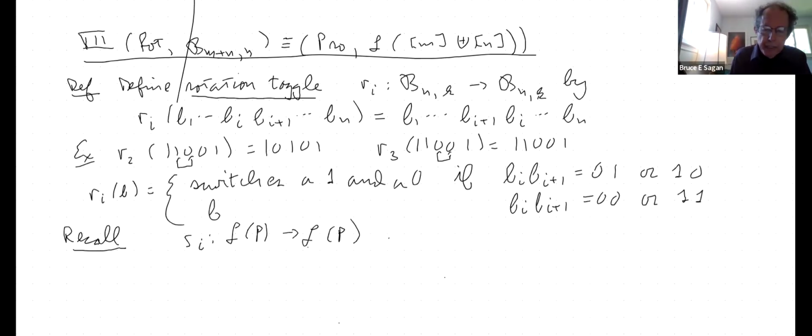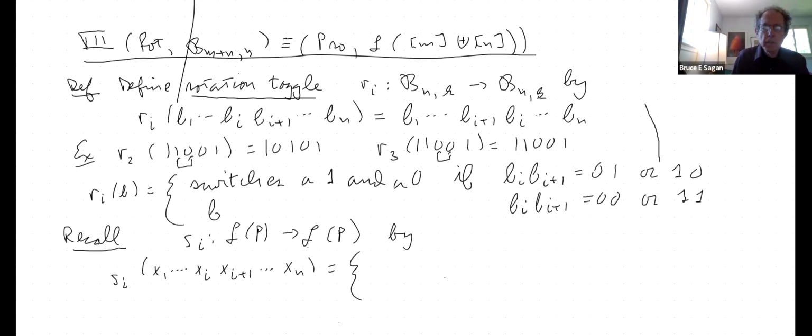And they were defined by saying that if I took a linear extension, that either switched the two if I stayed within linear extension land, right?